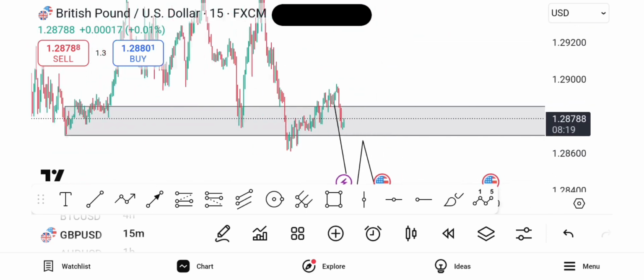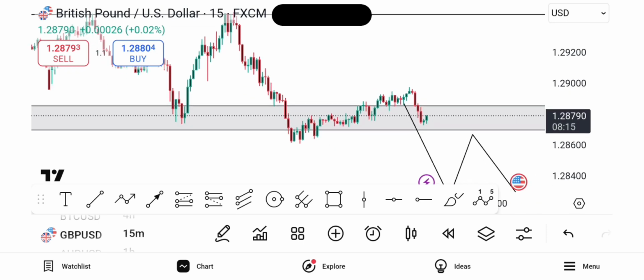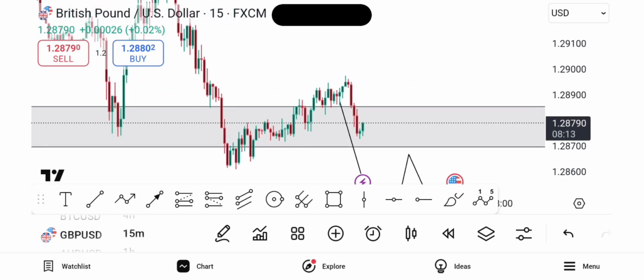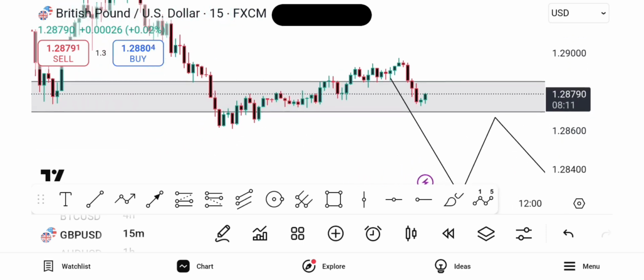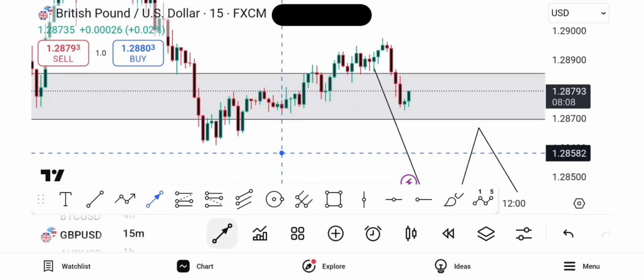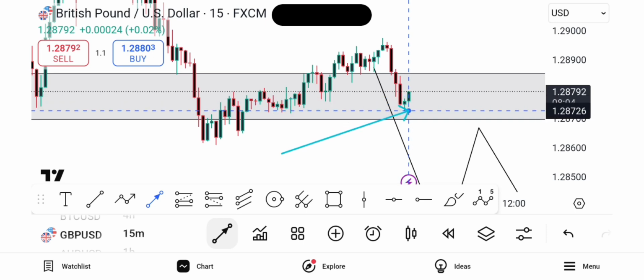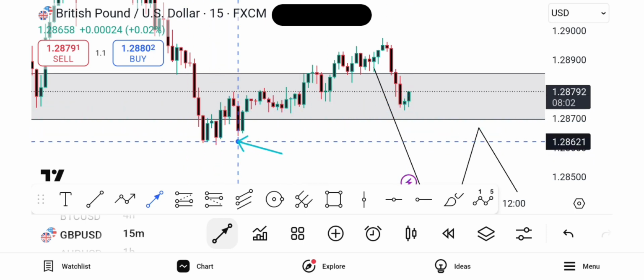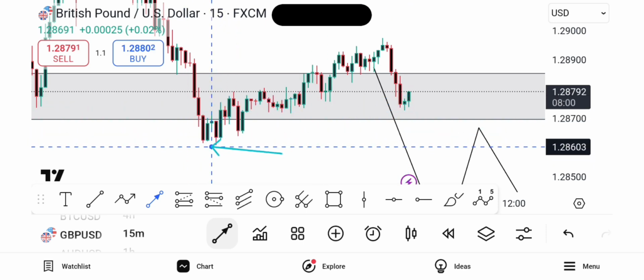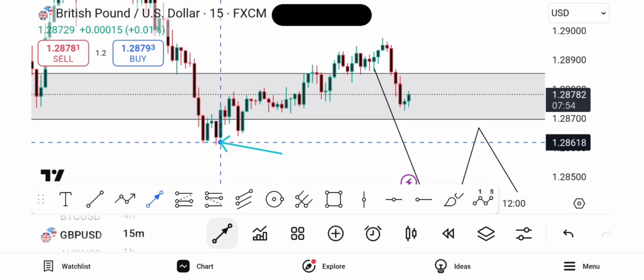When you zoom in very well, we see where the market is as per now. We can take this as our support in 15.